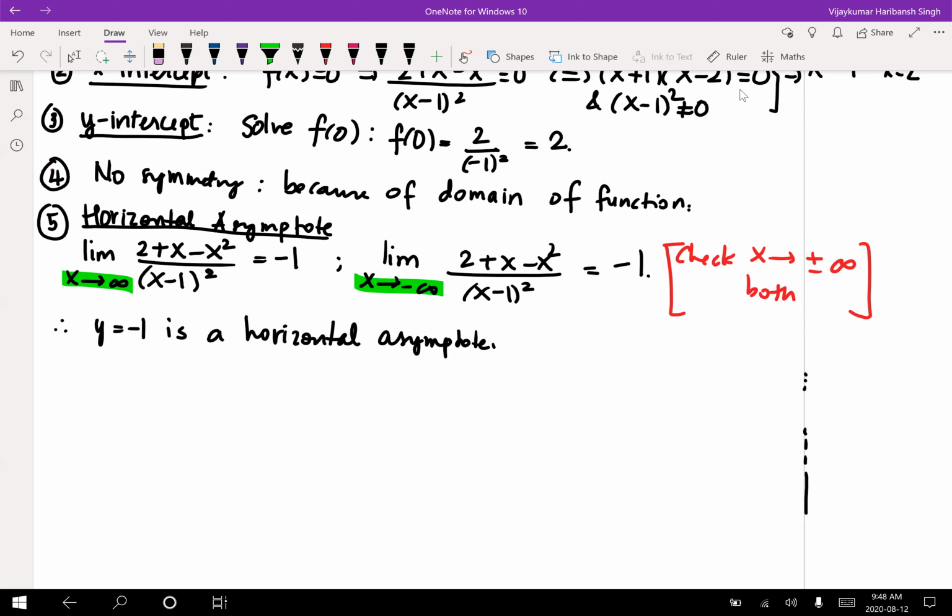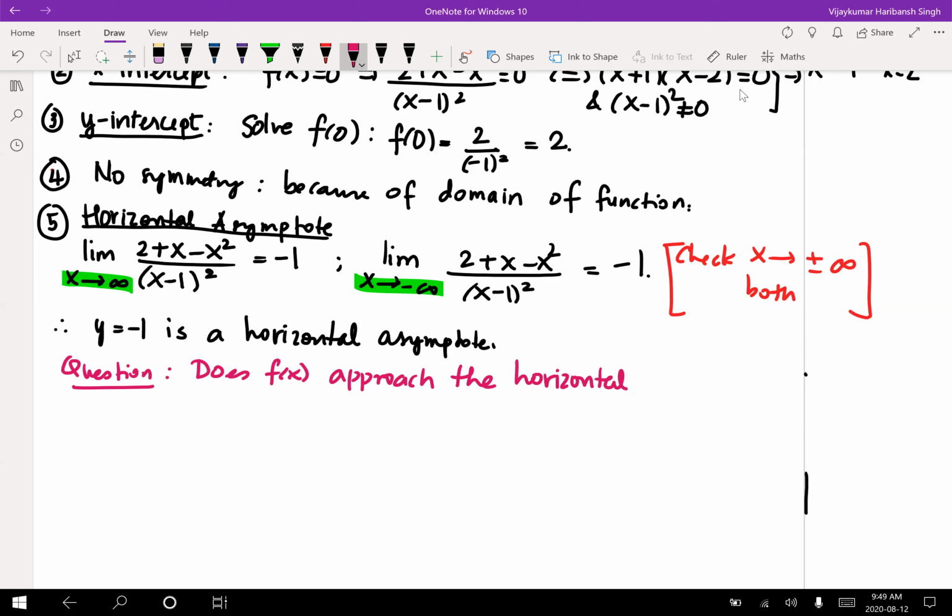So then the question is, does f of x approach the horizontal asymptote from above or below?